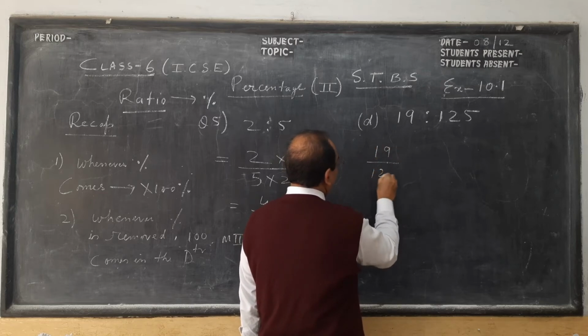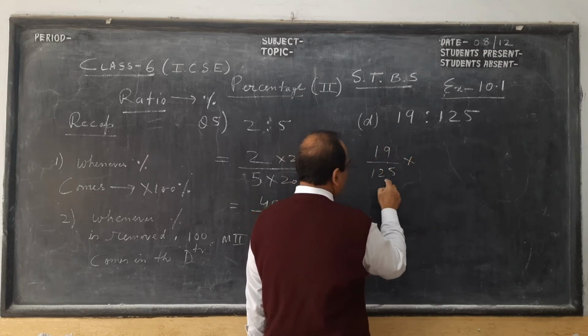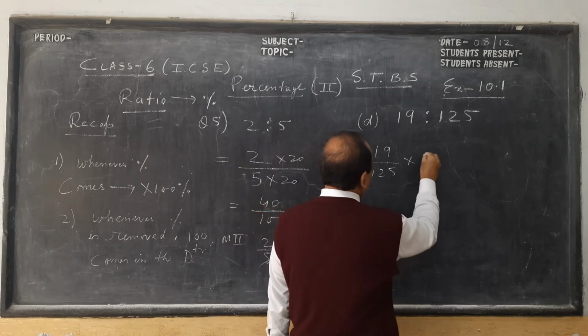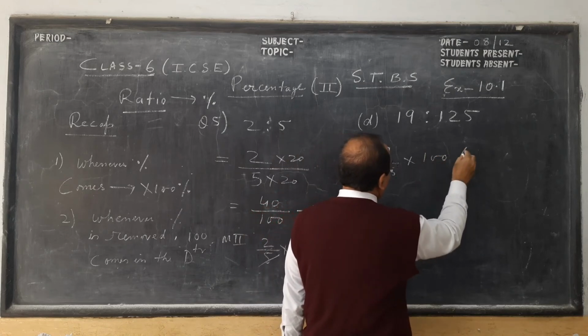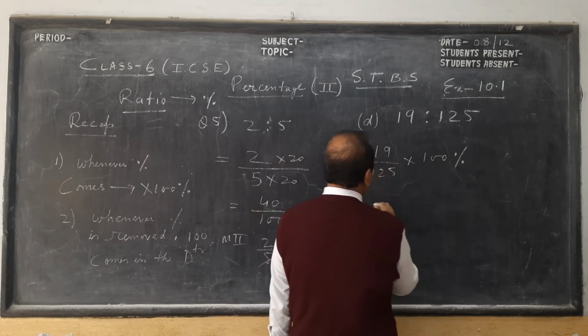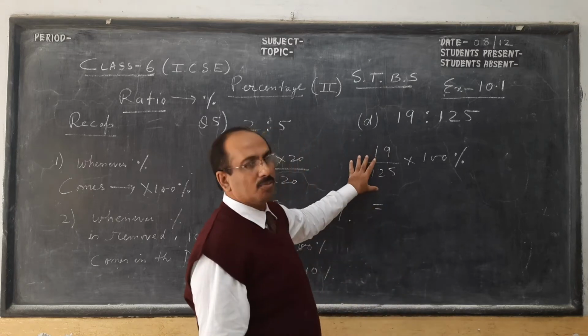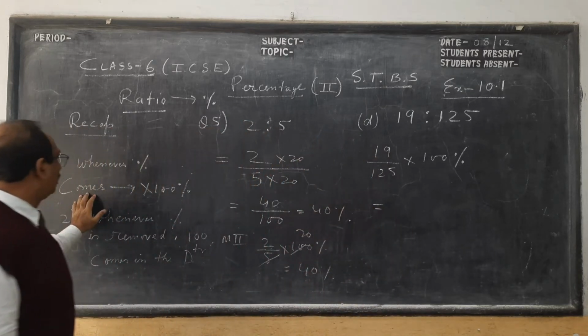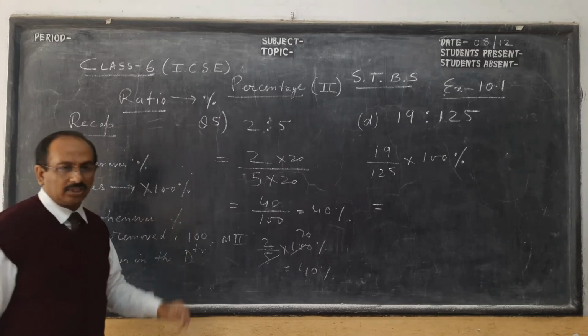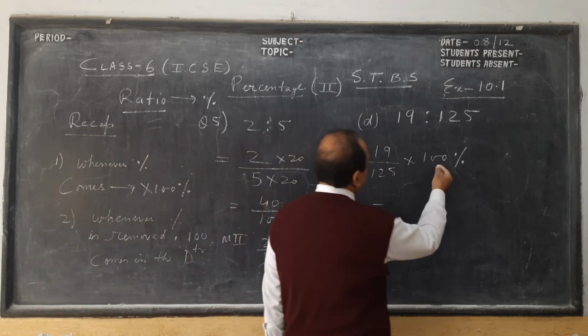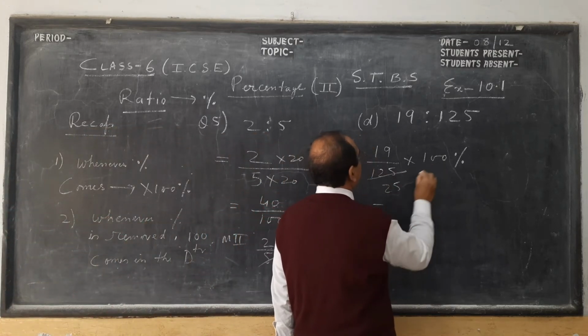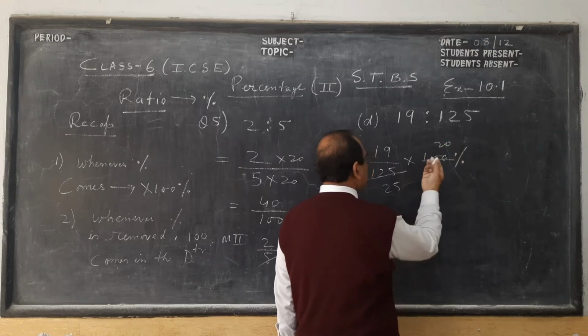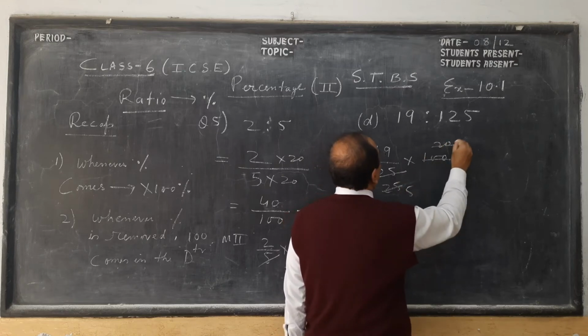Next one, 19 by 125. I do it by the formula method, because here to make it 100 will be difficult for you. So I use the formula method to bring the percentage. Whenever percentage comes, it comes with 100%. So what happens, you can cancel by 5 also, and you can cancel directly by 25 also.